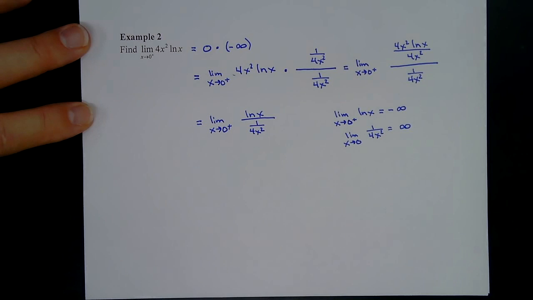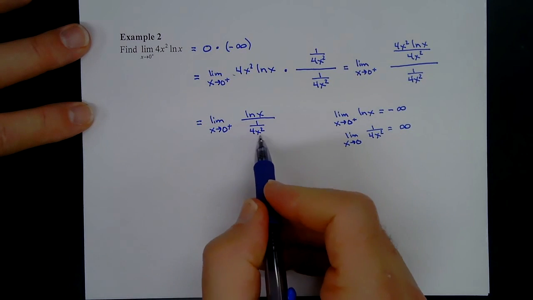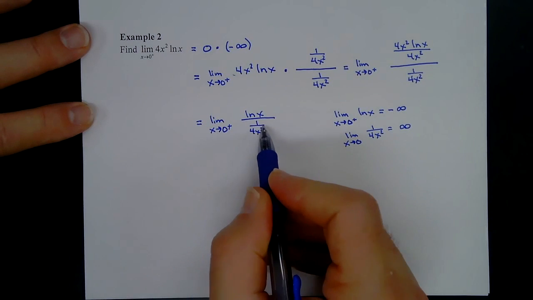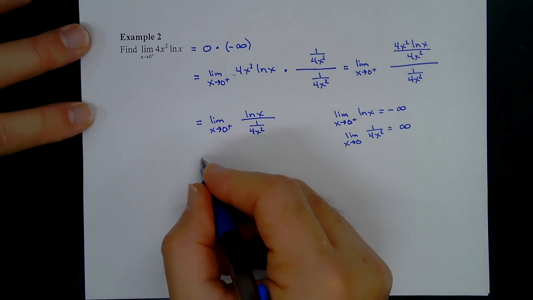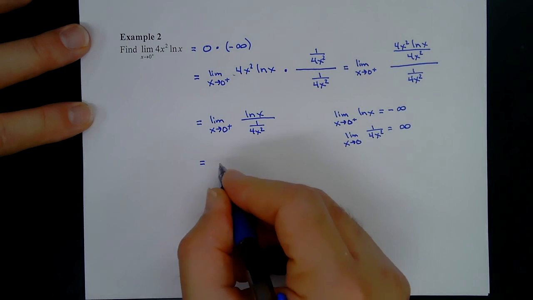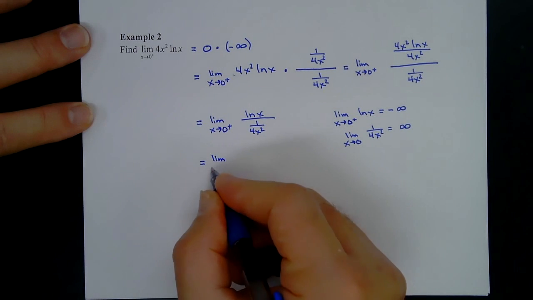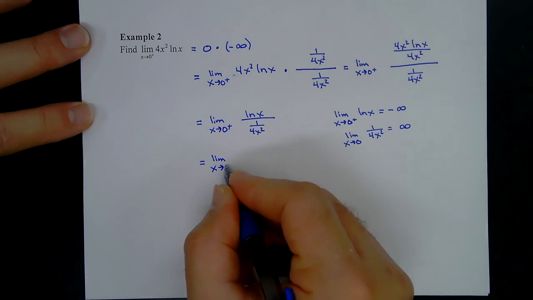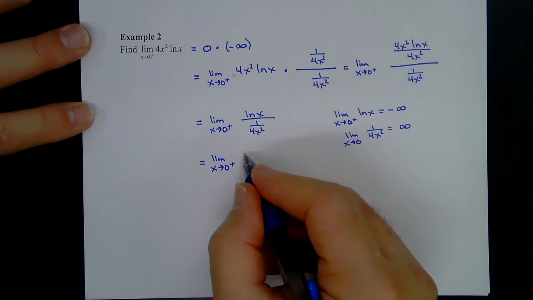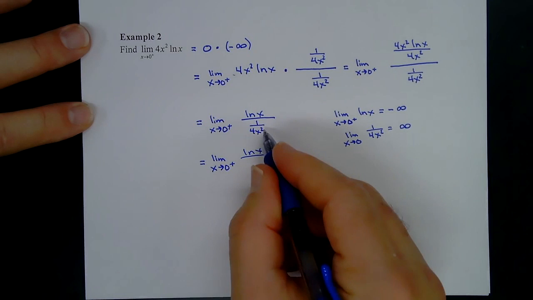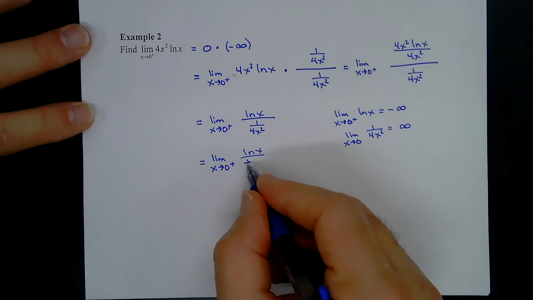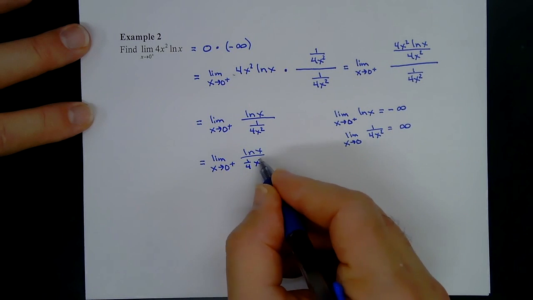Now, we probably want to rewrite this as 1/4 x to the negative 2 in order to take the derivatives. So this becomes the limit as x approaches 0 from the right of ln of x over 1 over 4 times 1 over x squared, or 1/4 x to the negative 2.